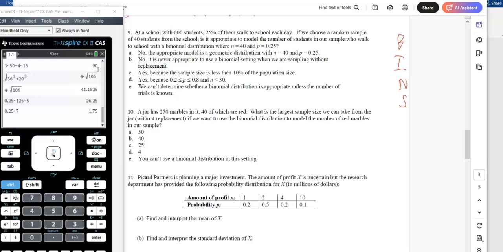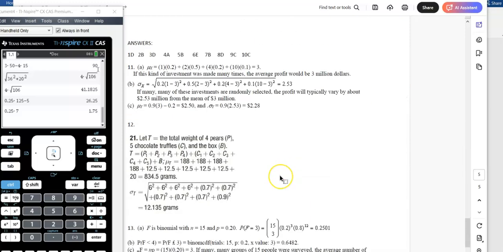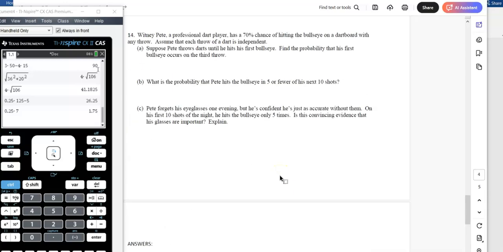Same probability of success, 25%. Yes, because the sample size is less than 10%. Ooh, so is that true? Yeah, that's true. I think that's probably it. I'm going to check that one. Nice.